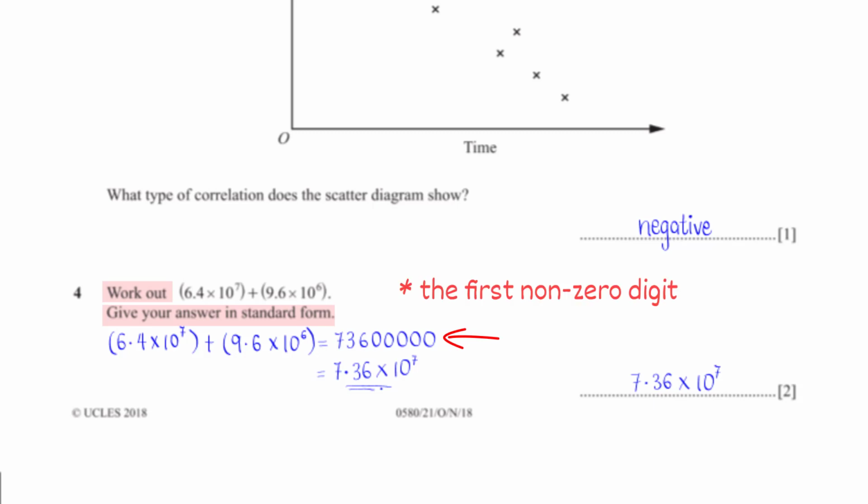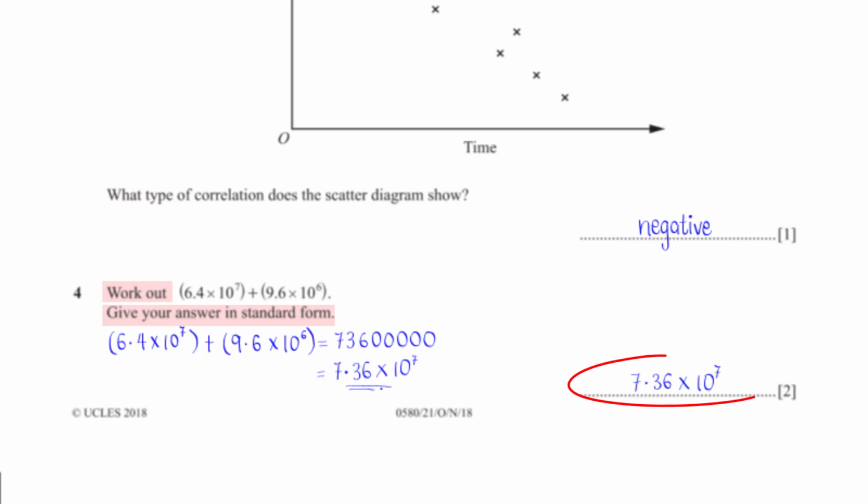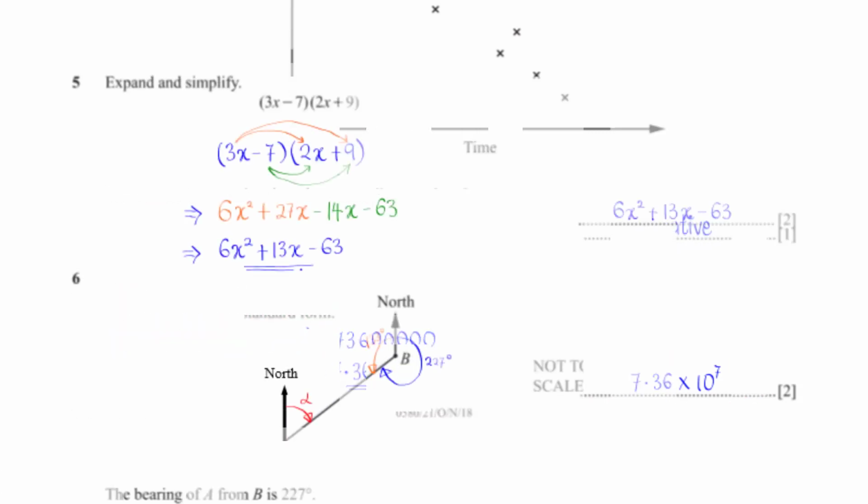And so this gives us 7.36. And because we moved the decimal point 7 times to the left, we have times 10 raised to the power 7. So our final answer here is 7.36 times 10 raised to the power 7.